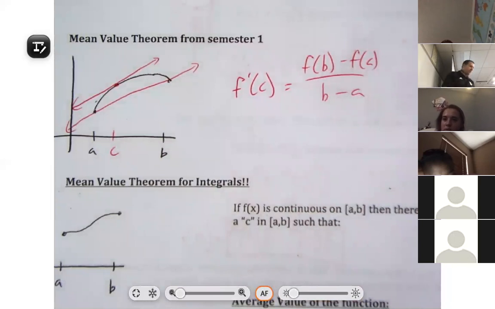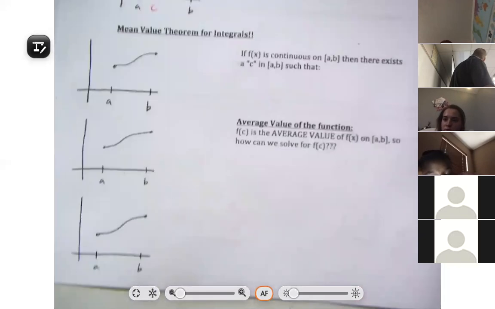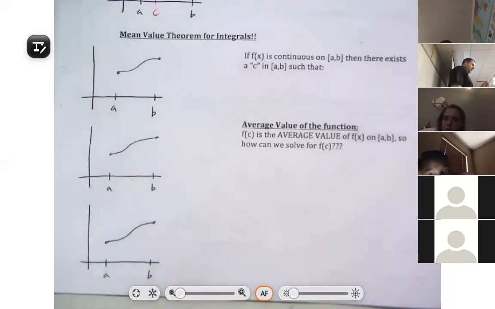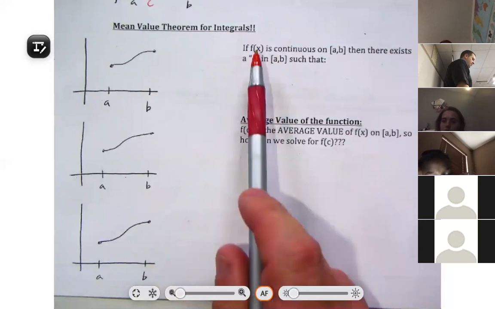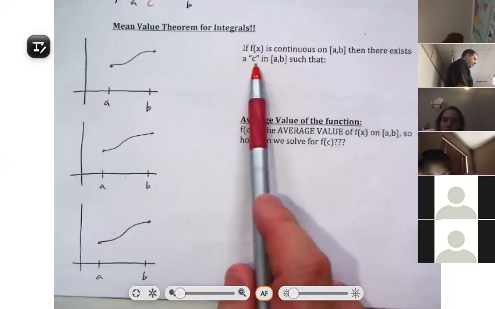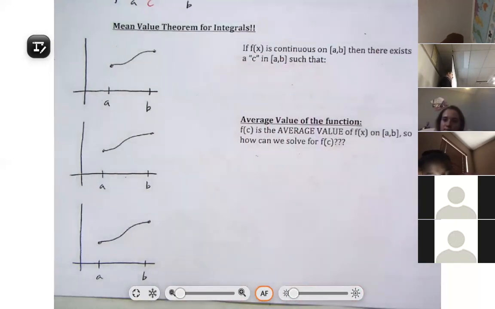There is a mean value theorem for integrals. Here's what it says. For this, and you don't need to know this by name, so don't worry about knowing this theorem by name or anything. It says if you have a continuous function, then there exists a c value in the interval such that, now I'm going to write this, and you're going to look at it and be like, okay, that doesn't make any sense.